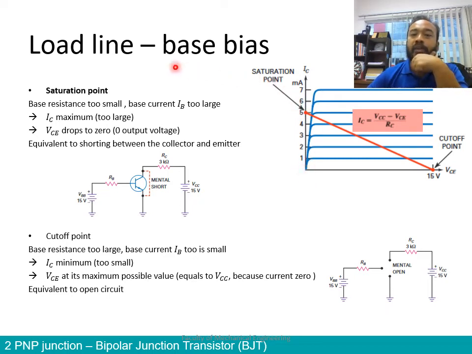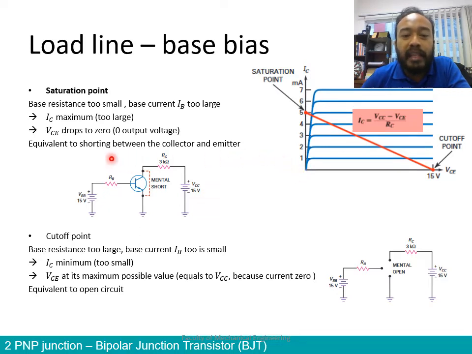So if you are in base bias where the resistor is in your base, if the resistor is too small, then the base current will be too large, the collector current therefore will be too large, and the output voltage will be 0. So we don't want to be in this case, because we cannot have any output voltage.